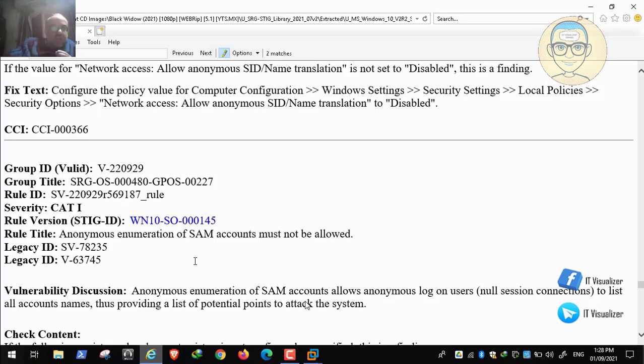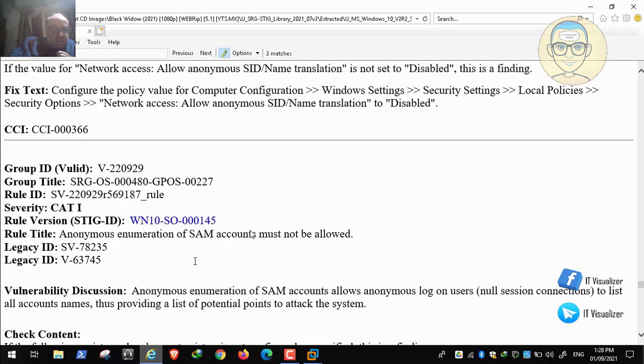So this is called enumeration, to list all or the last or the recent users that have accessed the machine. This is very dangerous, because any hacker or any user can lock my account by typing the password several times. So he is saying that anonymous enumeration of SAM accounts.